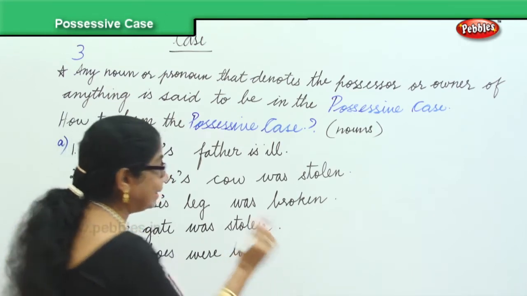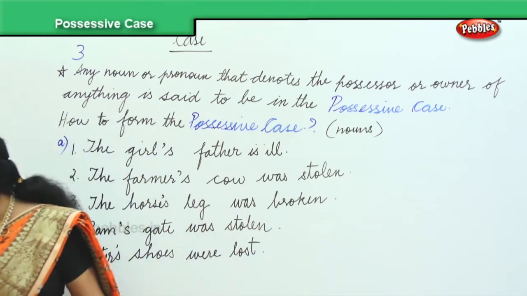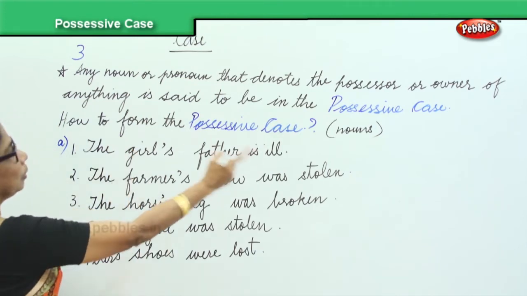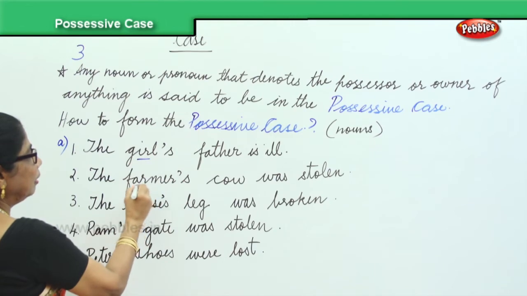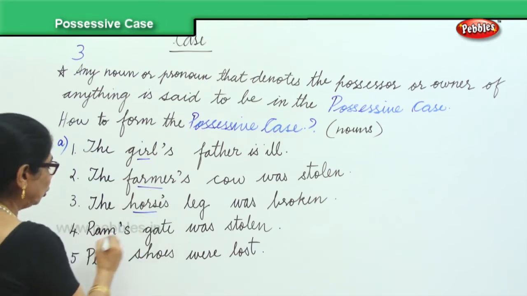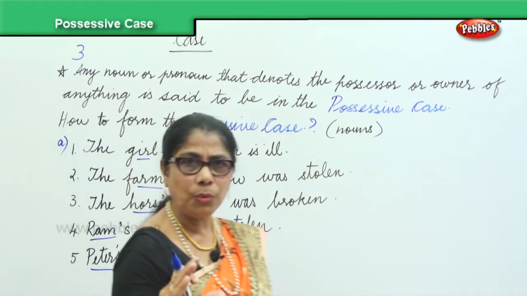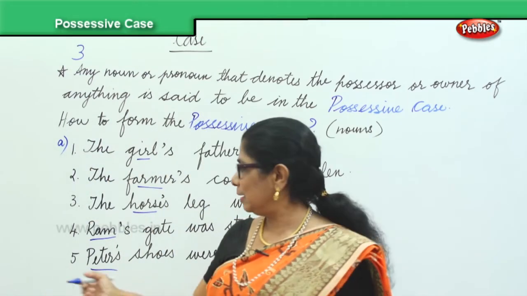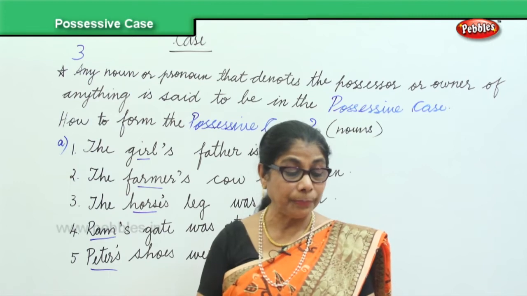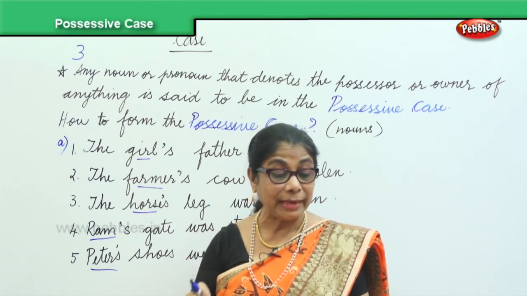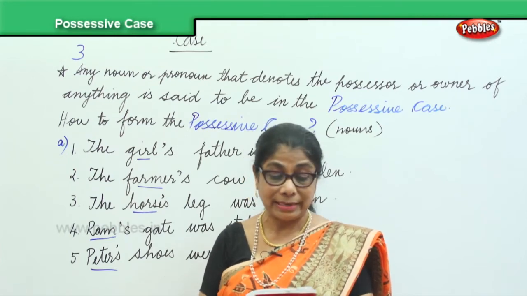Now look at the nouns here. We will take a close look at the nouns. What are the nouns here? We are looking at the nouns girl, farmer, horse, Ram, Peter. Look at the nouns in these 5 sentences. We are examining the nouns in the possessive case in these 5 sentences.